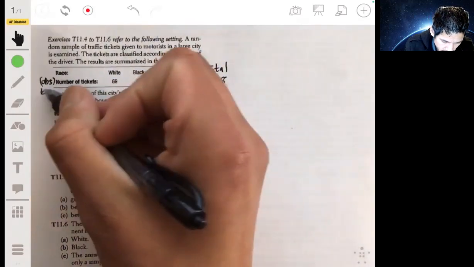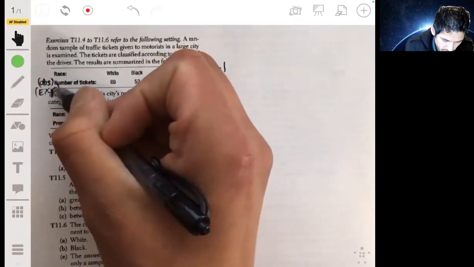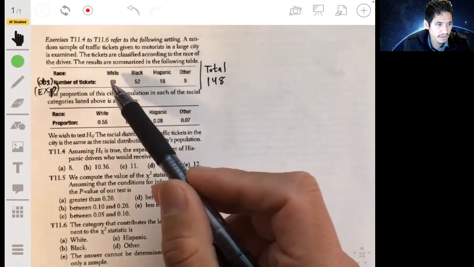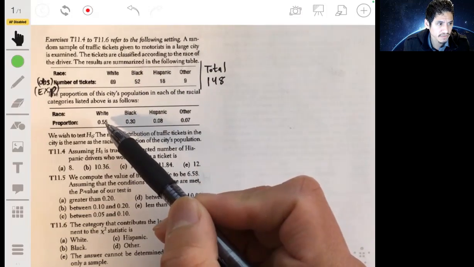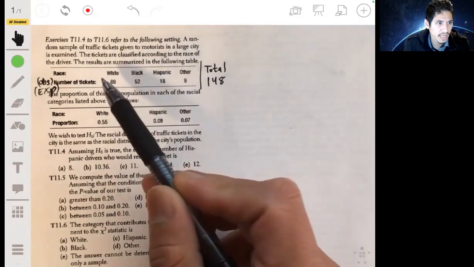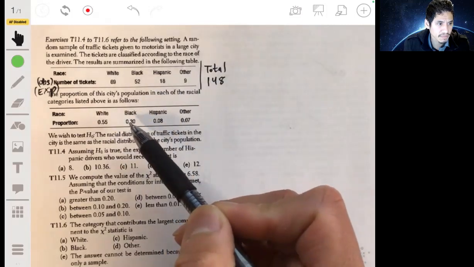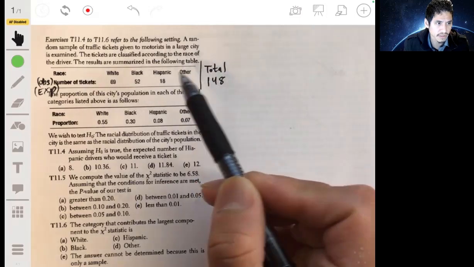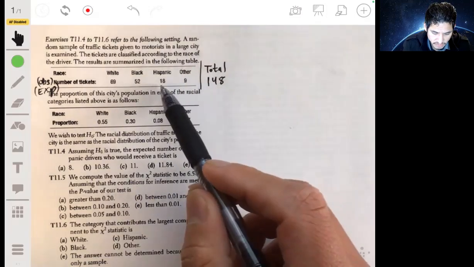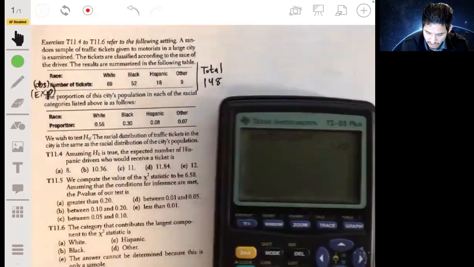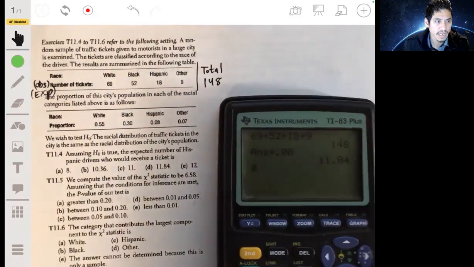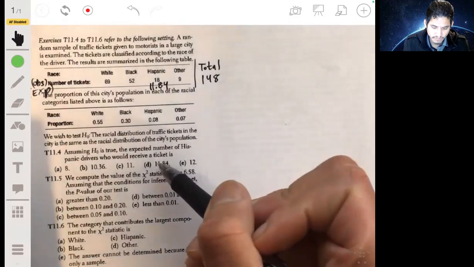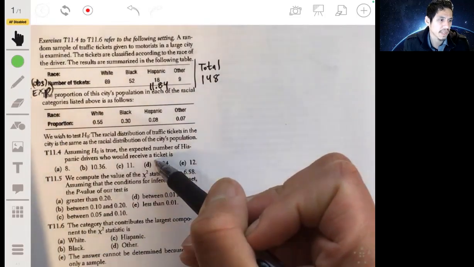And the expected, let's just put it below so I don't have to write so much. The expected would be found by taking the corresponding proportion: 55% of the total for white, 30% of the total for black, 8% of the total for Hispanic, and 7% of the total for other. So for Hispanic, I just multiply 148 by 0.08. Now I would expect 11.84 people that are Hispanic to receive a ticket.